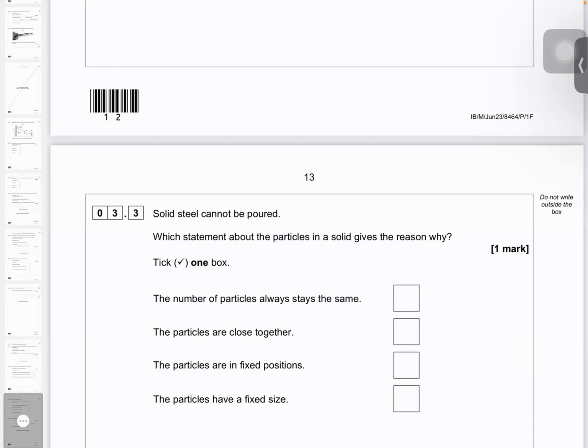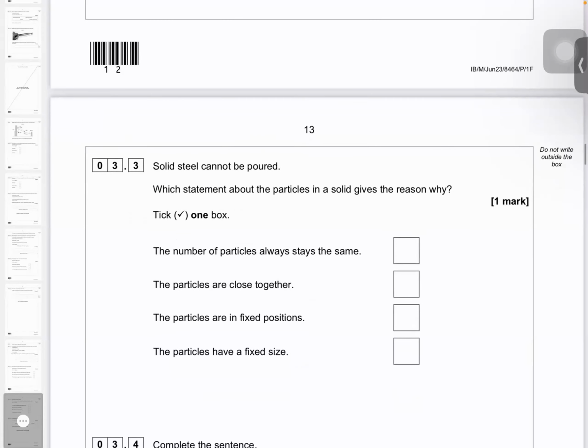The only time they can behave like liquids is when those bonds are either broken down or weakened by heat, more heat added to the solid at its melting point. That's when they can become liquid or molten. Okay, so I hope we are good with the marking scheme on that one. The particles are in fixed position. Yes. Okay. All right, so we can move on.